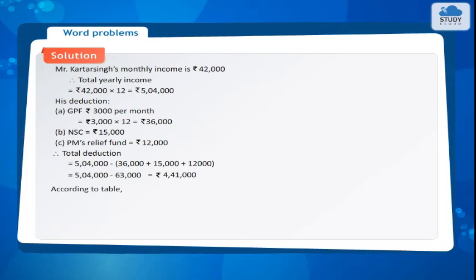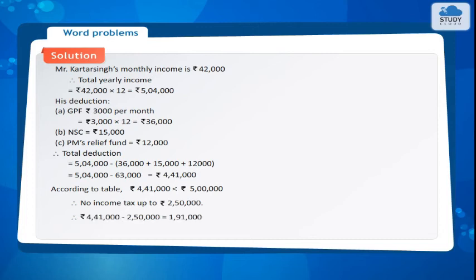4,41,000. According to table, rupees 4,41,000 is less than rupees 5 lakhs. Therefore, no income tax up to rupees 2,50,000. Therefore, rupees 4,41,000 minus 2,50,000 is equal to 1,91,000.